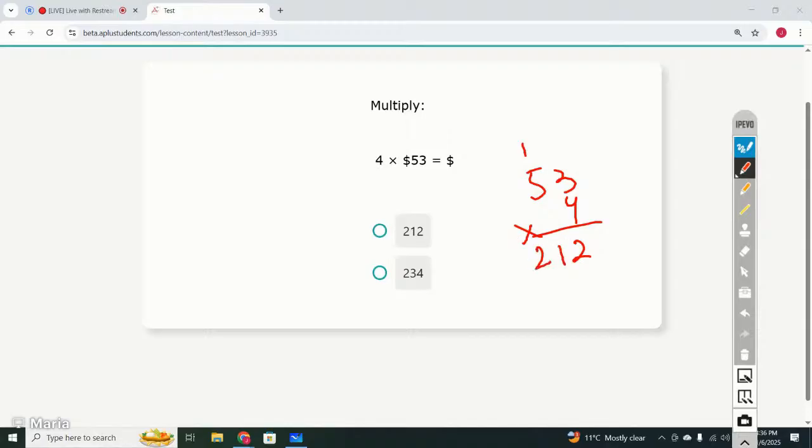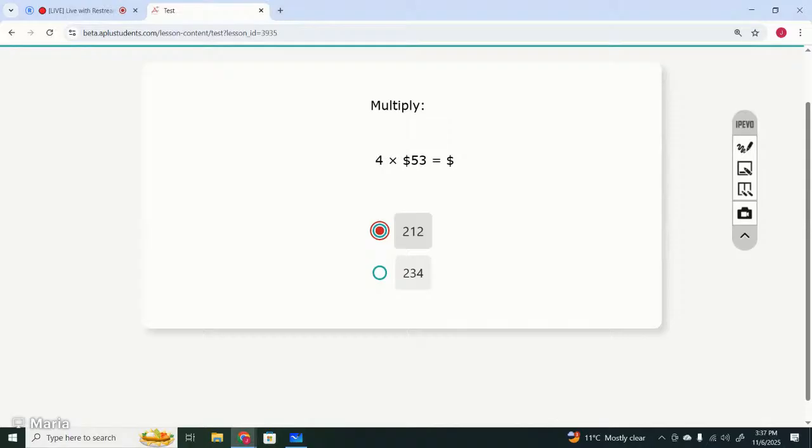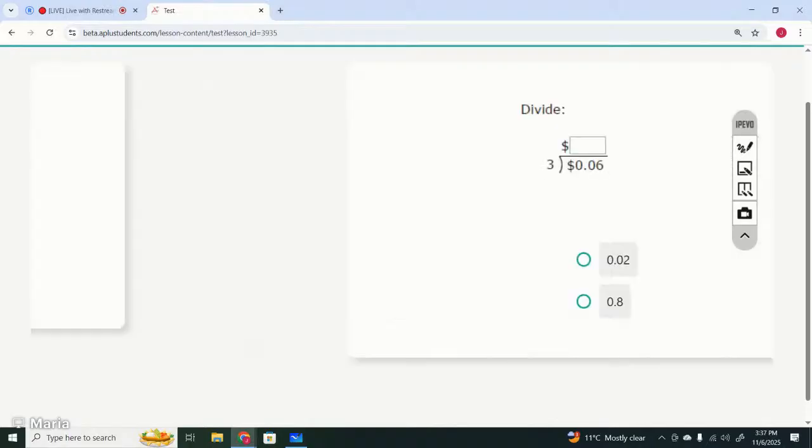That is $212. Option number 1 is the correct option.